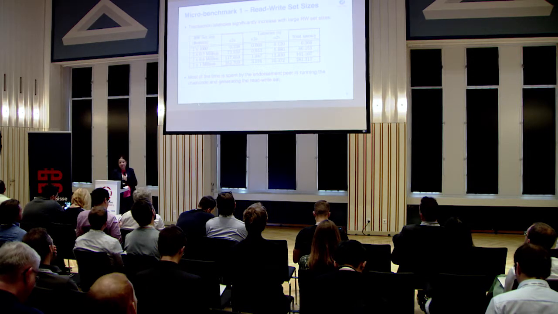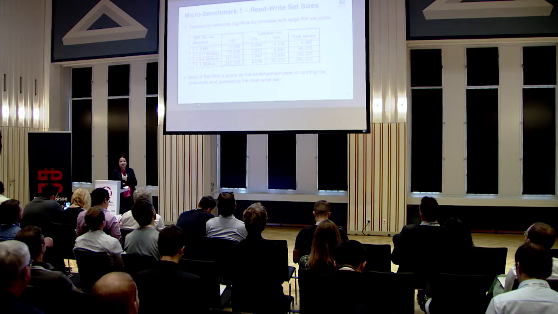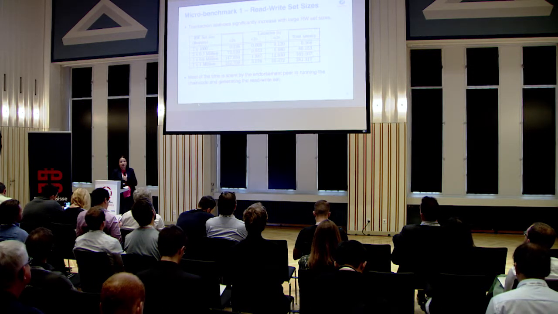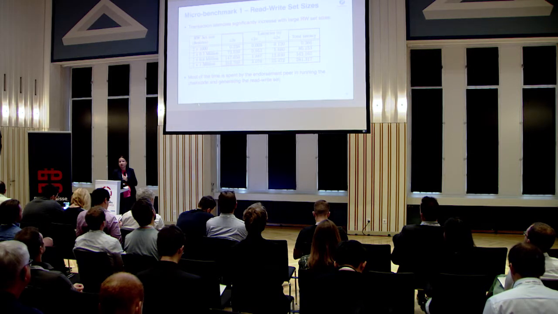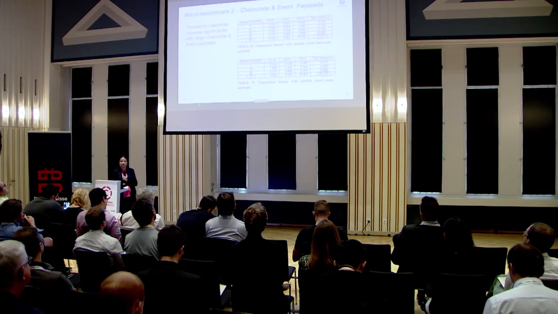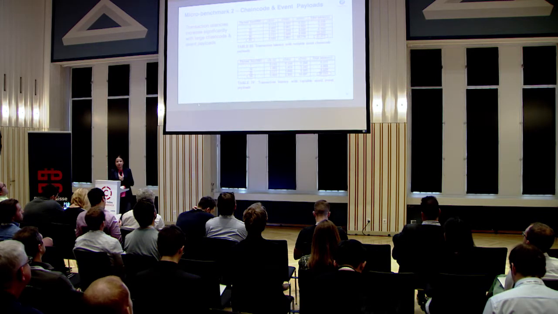So as you can see from this experiment, as the read-write set size increases, most of the time is actually spent at the endorsement peer in running the chain code and generating the read-write set. So again, this is more or less expected, but here it is quantified by this benchmark for your specific input.